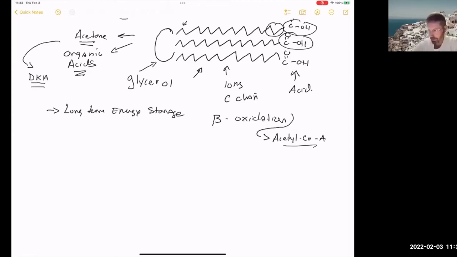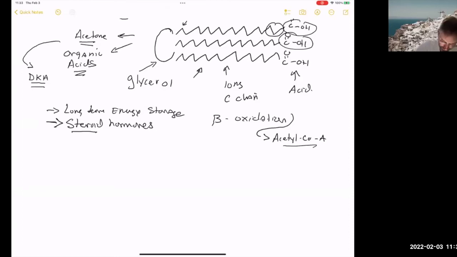Let's see here. In addition to this, fatty acids are also needed to make certain kinds of hormones. They're what we call steroid hormones. Most of you are familiar with the term steroid, but steroid literally means a hormone that comes from fatty acids.